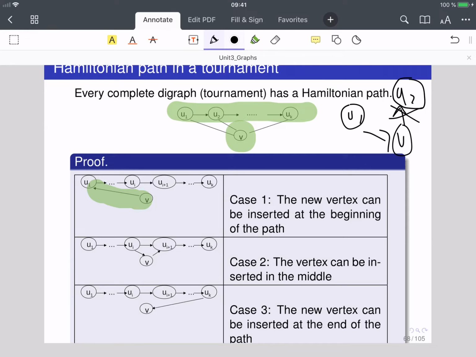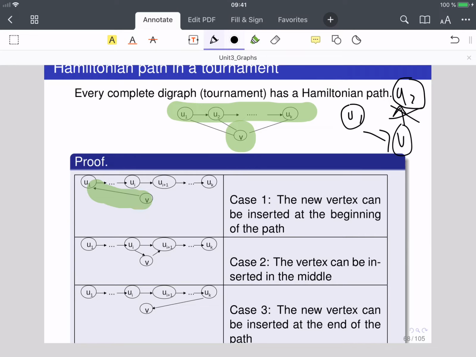And then we try to insert the vertex between U2 and U3. This will be possible if we have an arrow from V to U3. If we do not have an arrow from V to U3, then we have an arrow from U3 to V, and we try to insert the vertex between U3 and U4, and so forth. Okay.